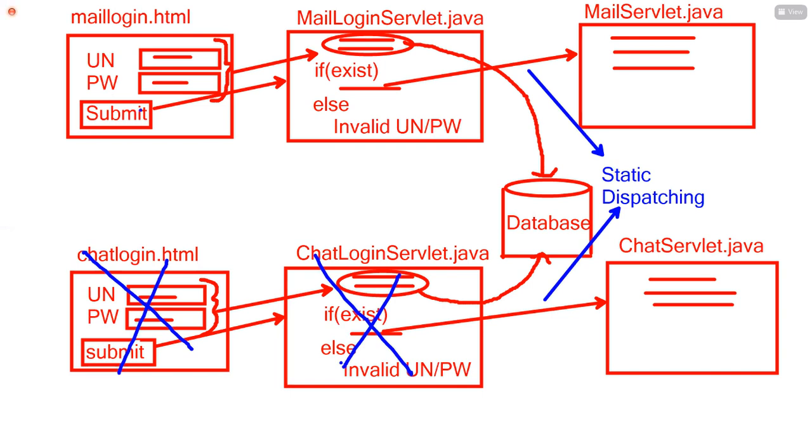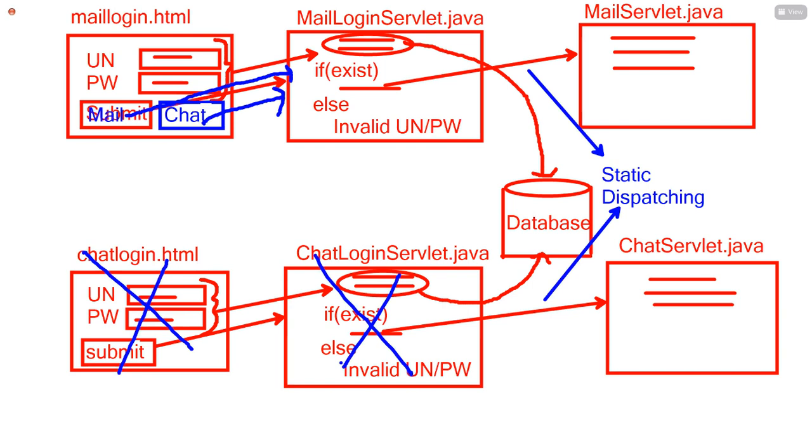You write here only one more submit button. The submit button name is mail. The submit button name is chart. If you click on either submit button, this is already executed.